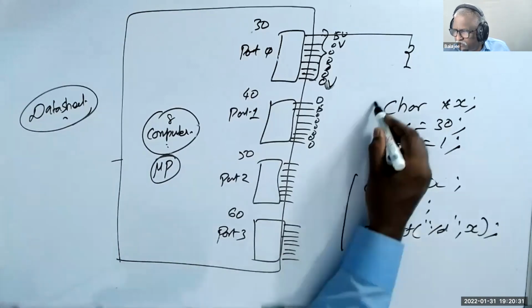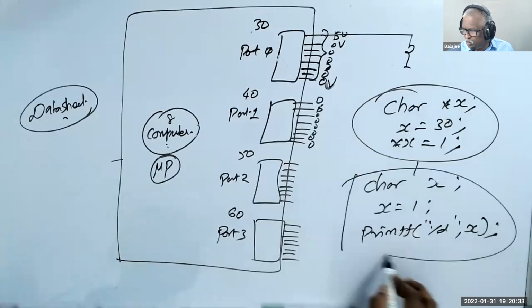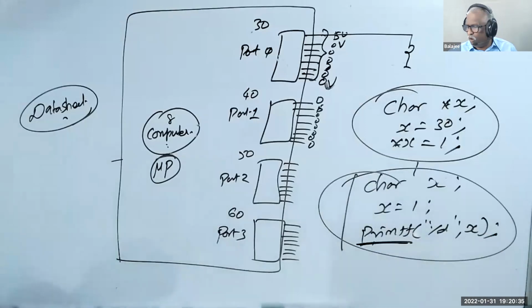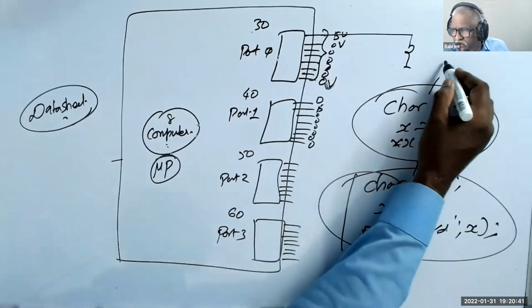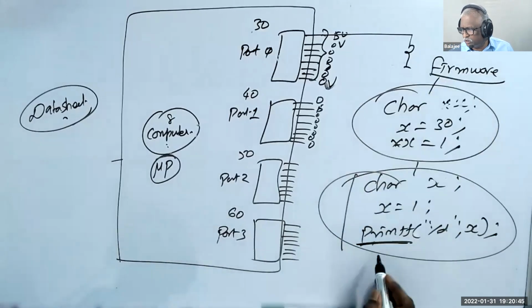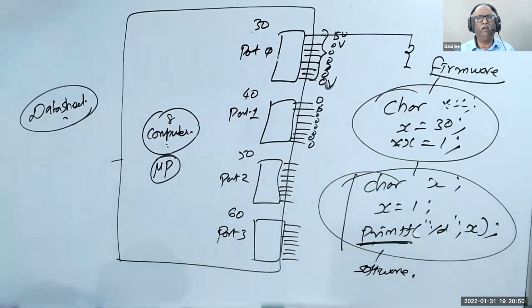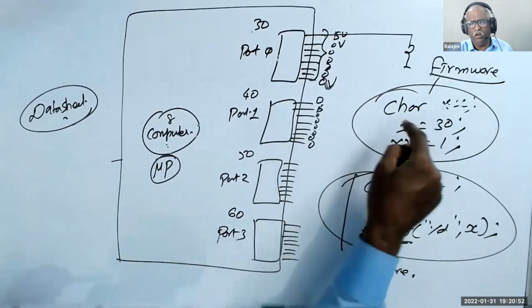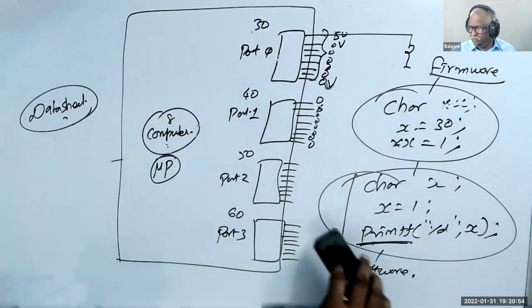Both are the same. Here, you are calling the printf. You don't know what the printf is doing. It's going to the monitor, but here you know exactly. That's why this is called firmware, and that is called software. Understand? This is called firmware. You know exactly what you are doing, what you are controlling.